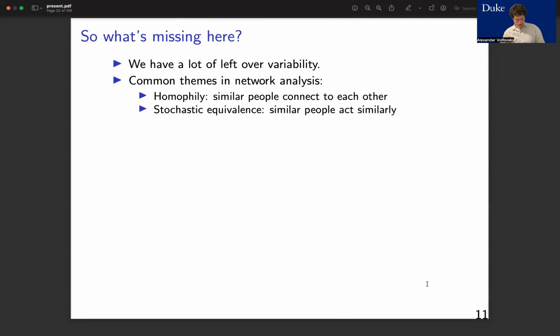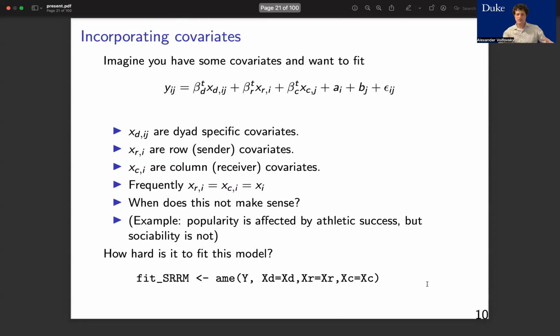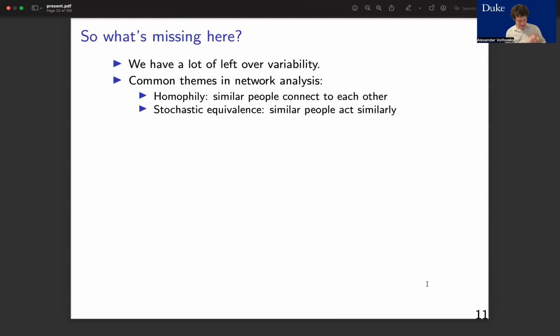But unfortunately, while this model feels like it's sort of complete, it's actually missing something. And what it's missing is the ability to capture higher order effects. While it's able to capture the randomness in popularity, or the variability in sociability, these are still additive.